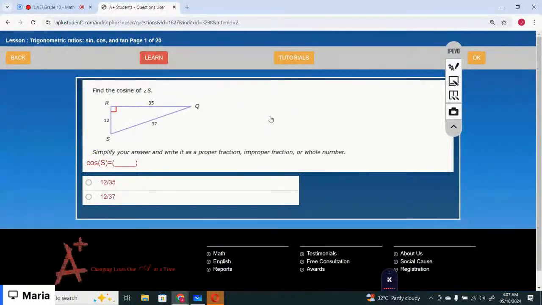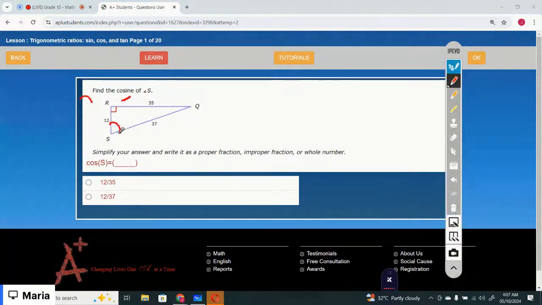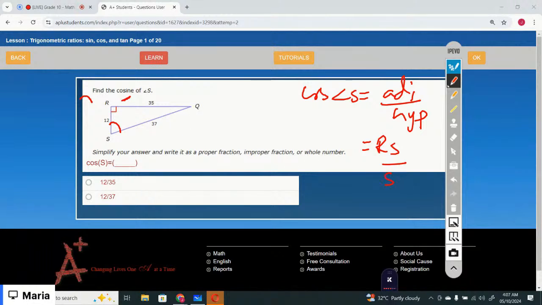The first one is find the cosine of angle S. Here is angle S. Cos of angle S is adjacent divided by hypotenuse. Adjacent to angle S is RS and hypotenuse is SQ. So cos of angle S is 12 over 37.